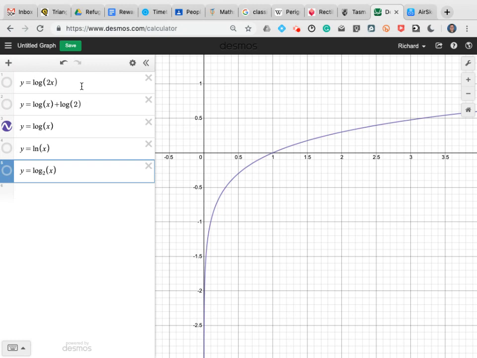Remember, we're adjusting the input. We've doubled the input. So if I input 1, it takes the log of 2. If I input 10, it takes the log of 20. I am consistently doubling the input. That's the transformation. I'm not doubling the output, which would be 2 log x. I'm doubling the input. What effect would that have on the graph? Give you a moment to have a look at that.